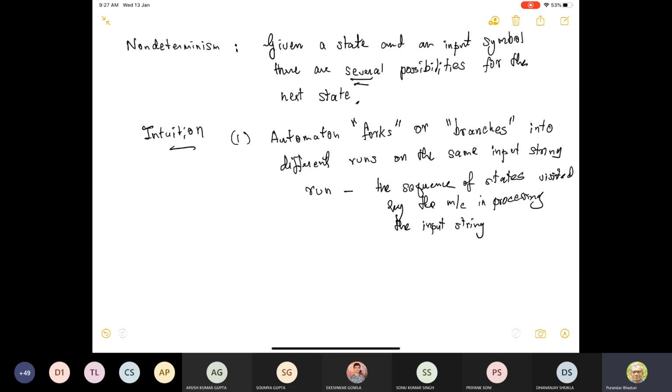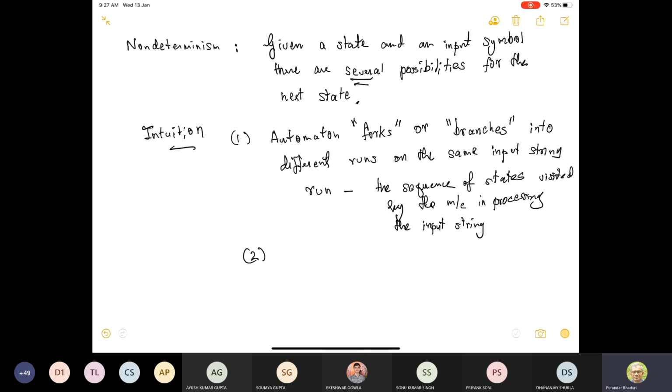That's also possible. So it's as if the computation branches into different runs, and the automaton accepts if any one of those branches is an accepting branch, meaning at the end you reach a final state. As long as one of those branches reaches a final state, the automaton accepts. That's one way to think of it.